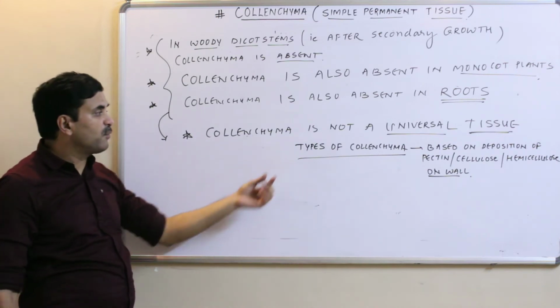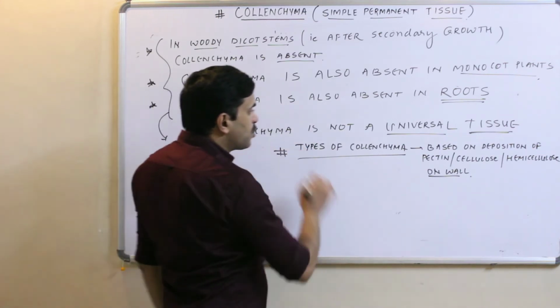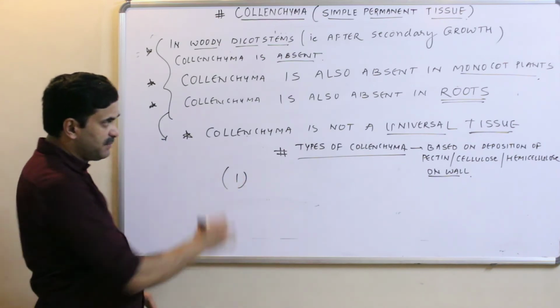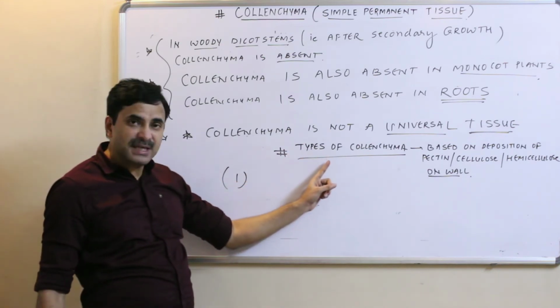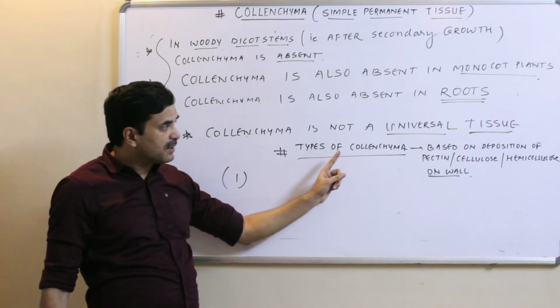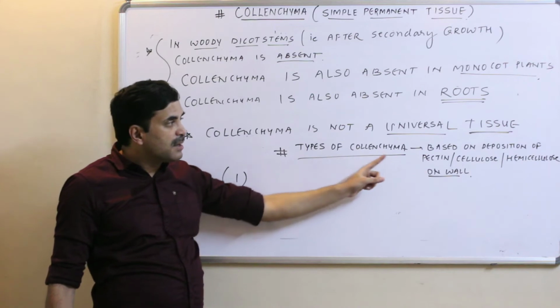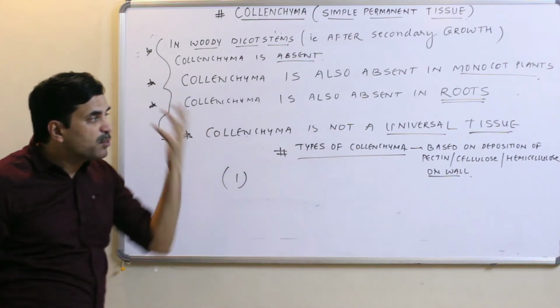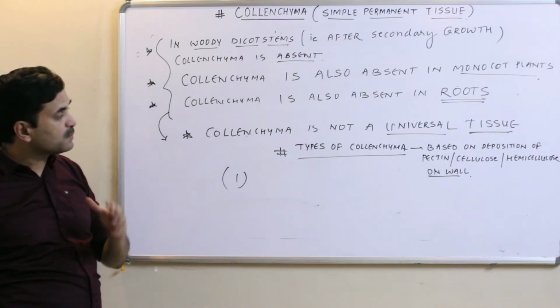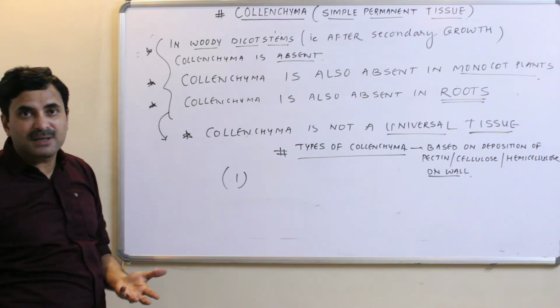On this basis, collenchyma is divided into 3 types. Collenchyma is of how many types? 3 types. Collenchyma is classified into 3 categories based on the deposition pattern of the pectin, cellulose and hemicellulose on the walls of the collenchyma cells.